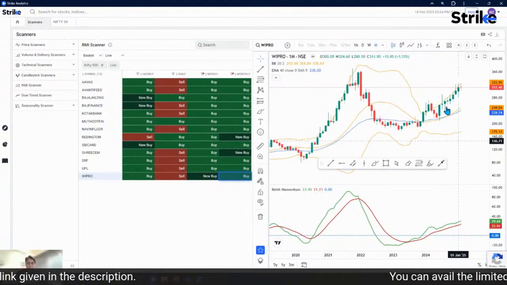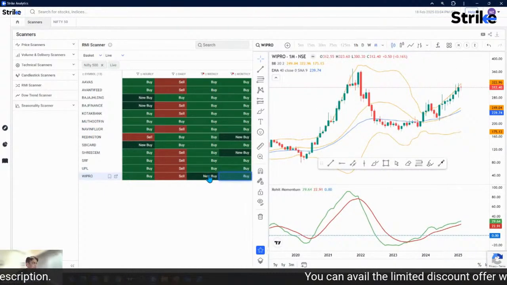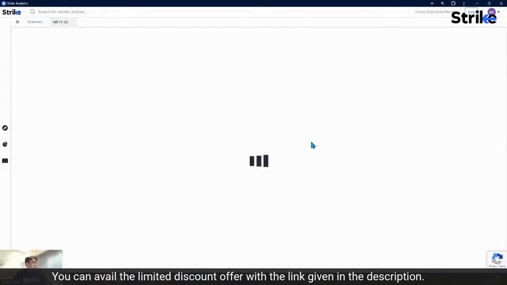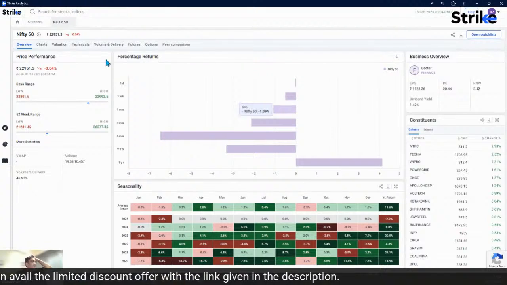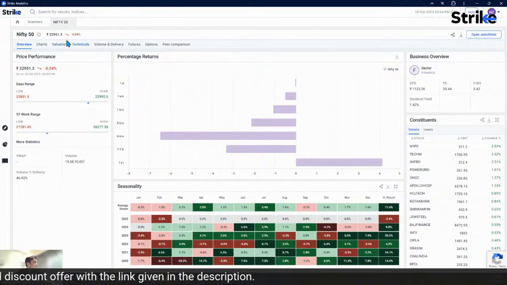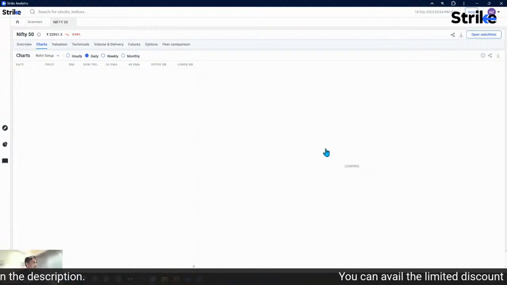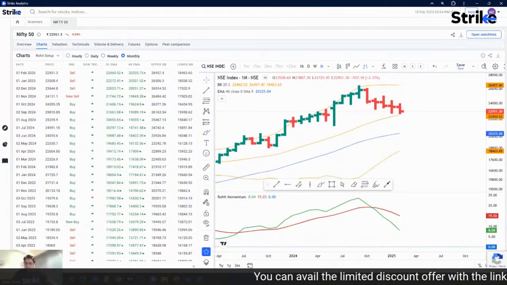This way, you can also look at the Nifty on a monthly and weekly time frame. When you look at the charts, look at the monthly chart of Nifty.